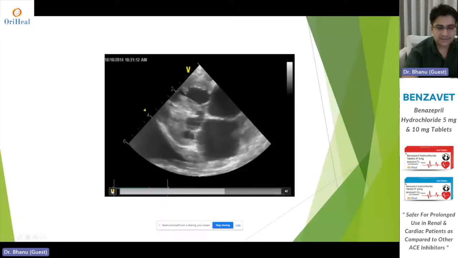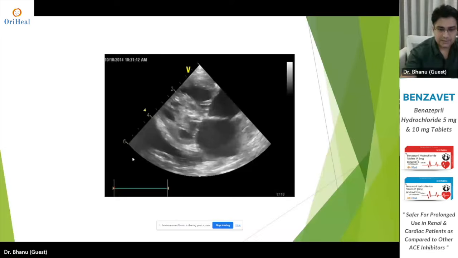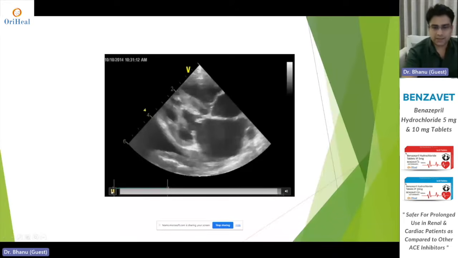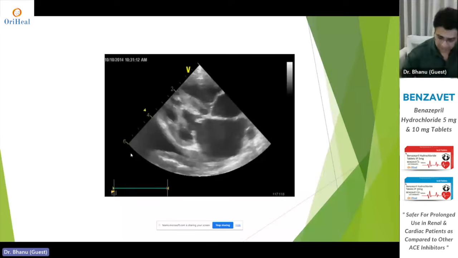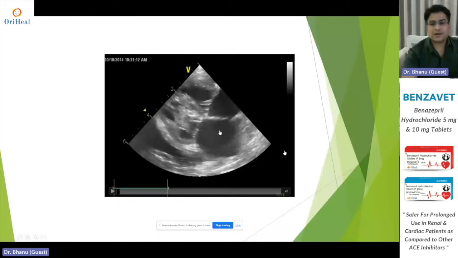So the characteristic here, if you just have a subjective evaluation, I think you all can appreciate the severe enlargement or dilatation of the left atrium and the right atrium. So RCM would have this characteristic finding of biatrial dilatation. The left atrium as well as the right atrium would be severely dilated.